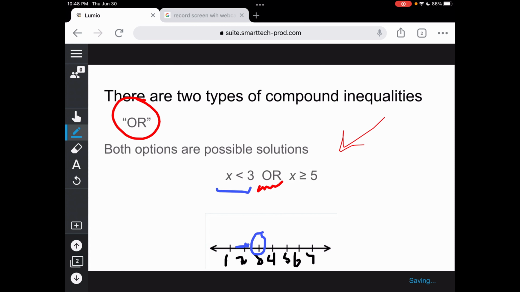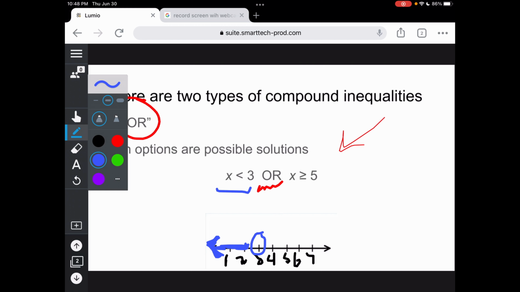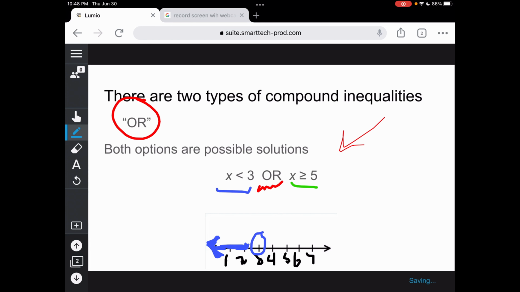And I care about all the stuff to the left, so I'm going to draw a nice big arrow to the left. If I want to do x is greater than or equal to 5, which I'll do in green, I'll go to my 5 right here. I'll put a circle. I'll fill that circle in because I'm including 5. The or equal to includes it. And I want everything greater than 5, so I'm going to go to the right, to the right, to the right. And that's my graph.